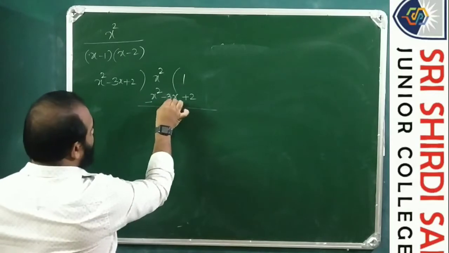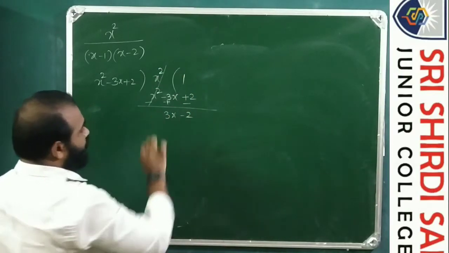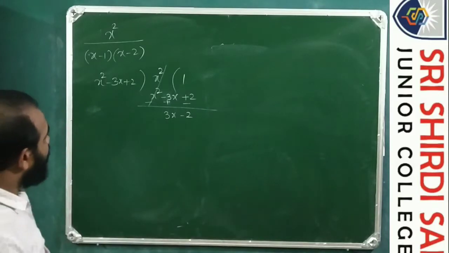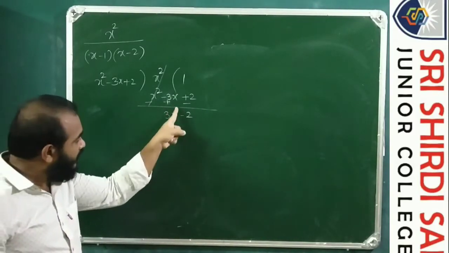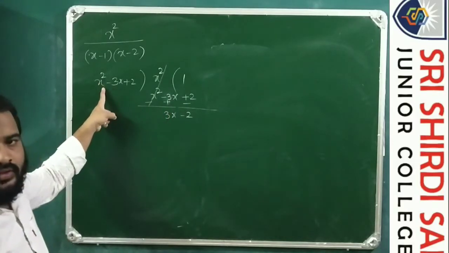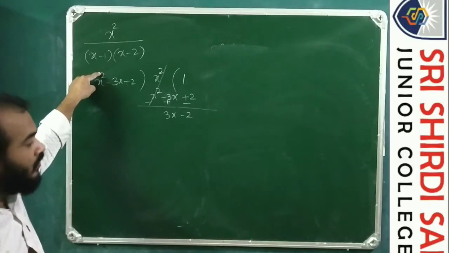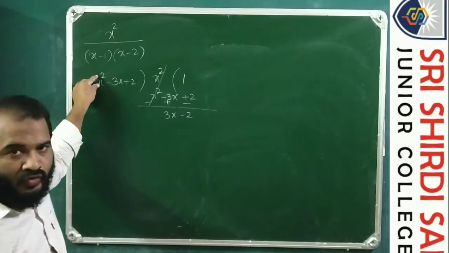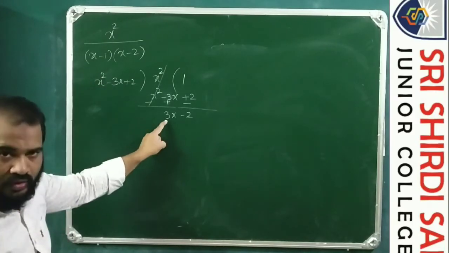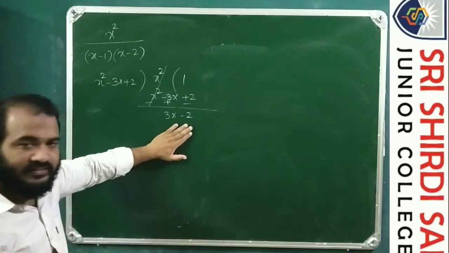So minus plus minus. So 3x minus 2. So here the degree of the remainder is 1 and the degree of the divisor is 2. Therefore the degree of r of x is less than the degree of g of x. Therefore the division process will end with this.